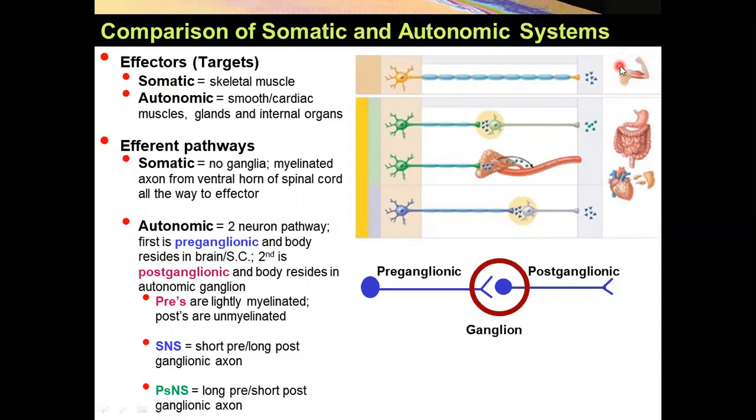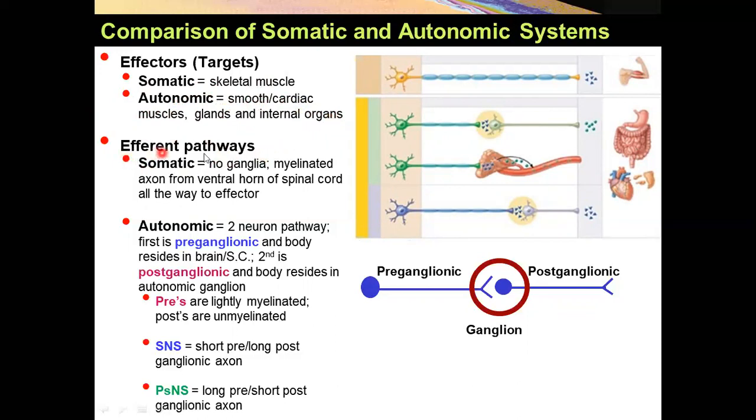Whatever you hear, you know that skeletal muscles, body muscles, or striated muscles are innervated by the somatic motor neurons, whose cell bodies are located in the anterior horn of the spinal cord for the spinal nerves, and in the motor nuclei of the cranial nerves in the brainstem for the cranial nerves. For the autonomic nervous system, the targets are the smooth muscles, mainly the cardiac muscles, glands, and the internal organs.